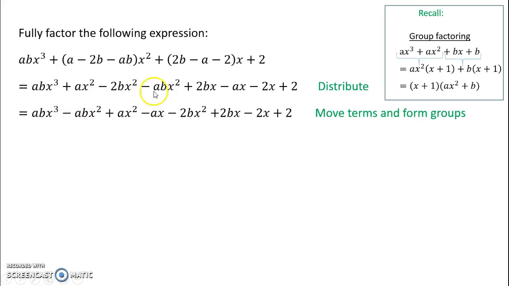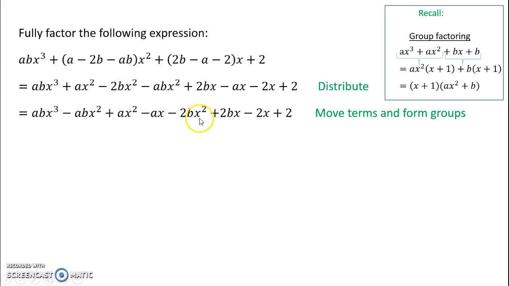If we take a look, this term here and this term here have the same leading coefficient. The leading coefficient here is ab, and it's ab here as well. So we bring these two together. We do the same thing with ax squared and ax, which have the same leading coefficient.